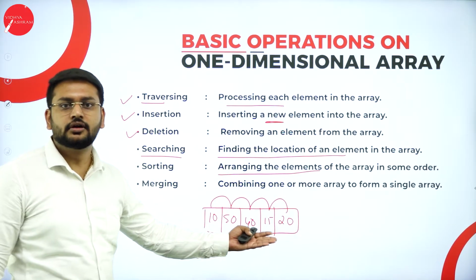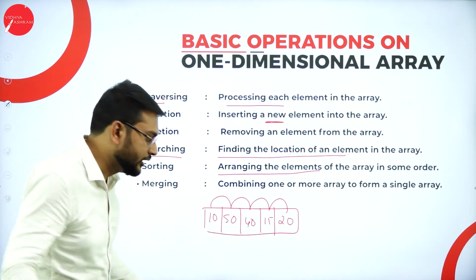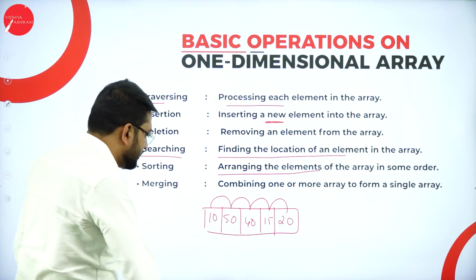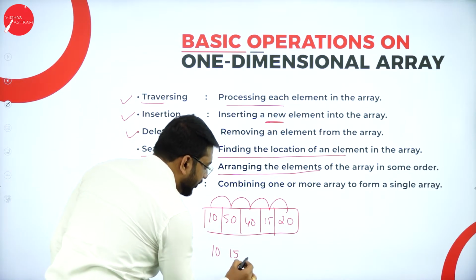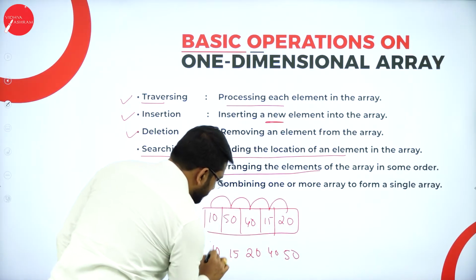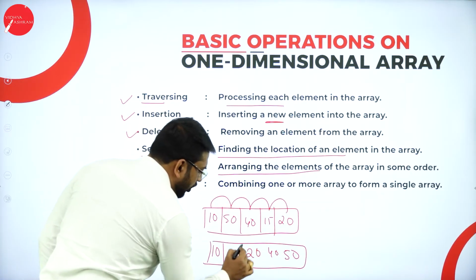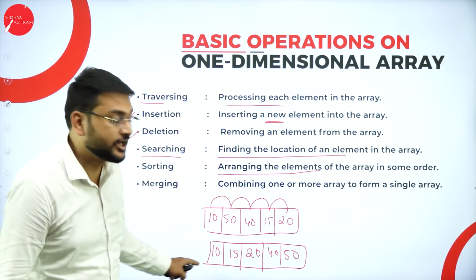Do I need to perform sorting? Yes. So 10, then 15, 20, then 40 and then 50. After performing the sort operation on my array, my data looks like this. This is what we call sorting.